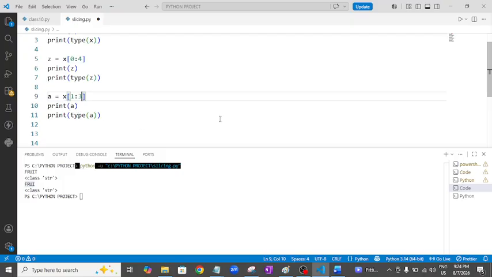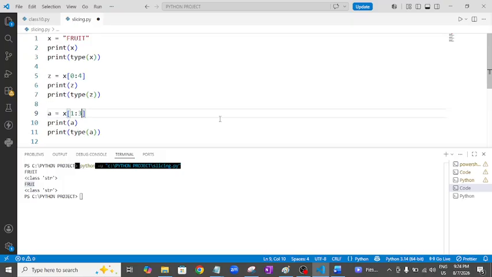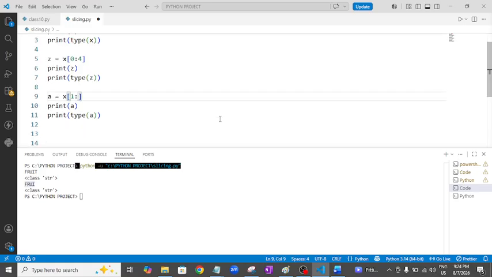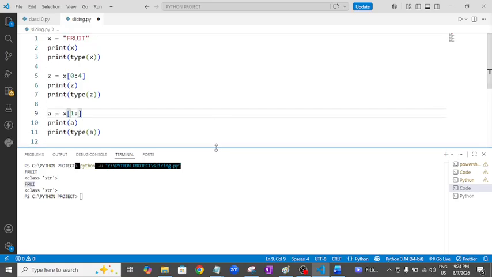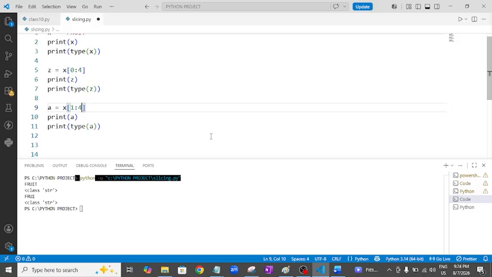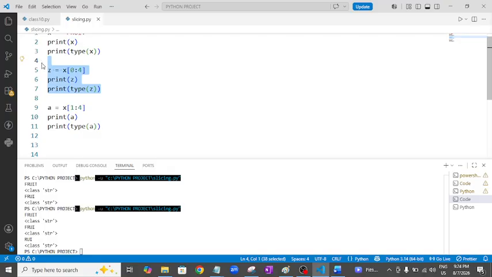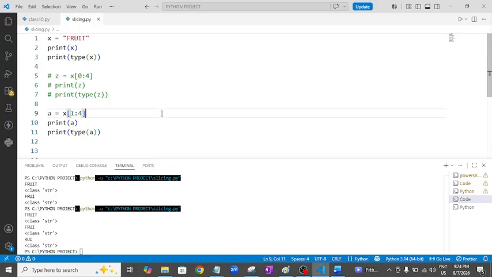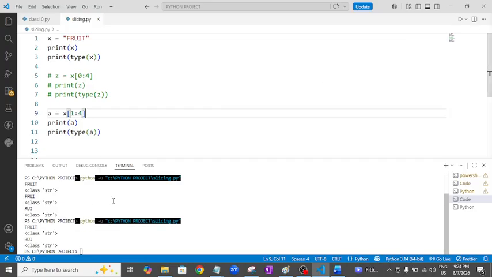No, sir, it is not going to include. So which should we do, sir? Whichever we want, third, so we place the fourth index. Now, let's run and see if it is working. Give a comment to this. Whether this is working, sir? Yes.